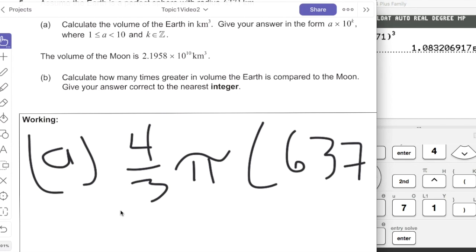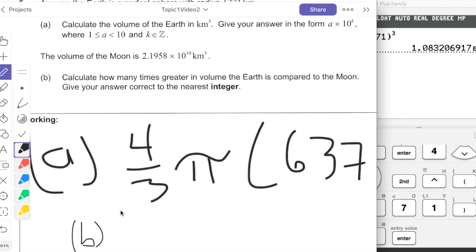So my calculation is basically just going to be the big number divided by an almost as big number. So I'm going to have the Earth volume divided by the moon volume. That's going to be my workings.